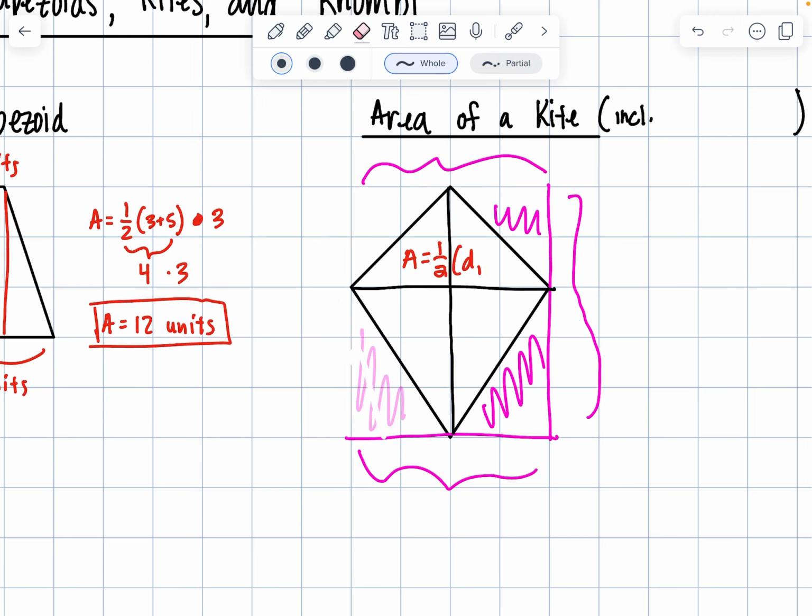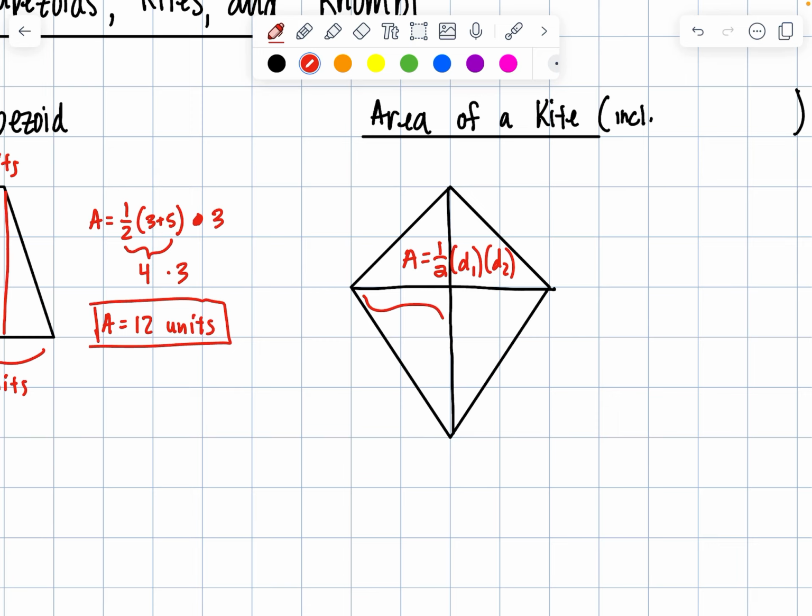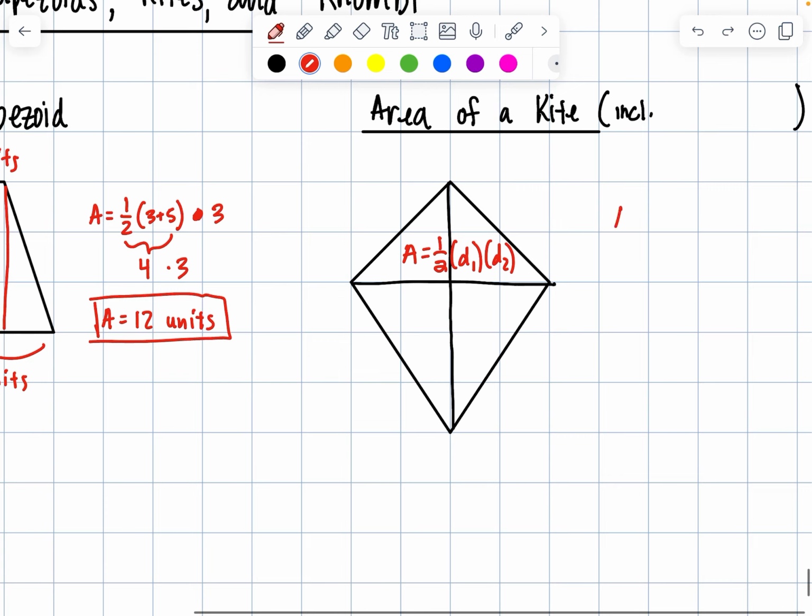Let me clean that up a little bit. I'm going to erase all of these pink parts because we don't need them. That's just for the visualization of it. Area should be equal to 1/2 times diagonal 1 times diagonal 2. In this particular case, diagonal 1 we could call 4. Area is equal to 1/2 times 4 times, counting 1, 2, 3, 4, 5, diagonal 2 is 5.